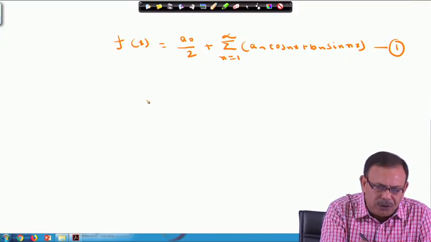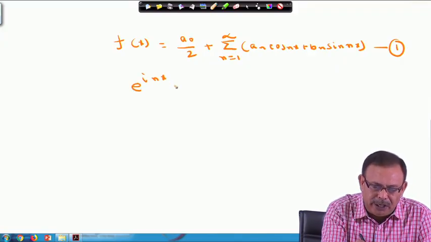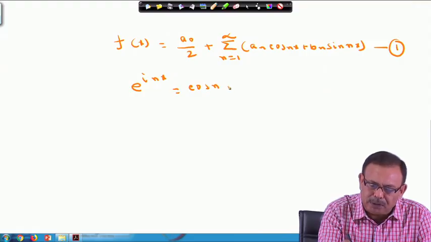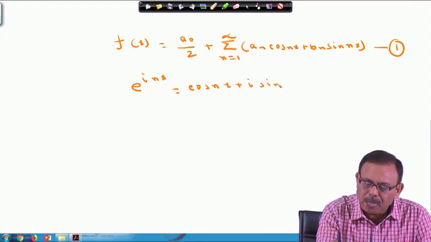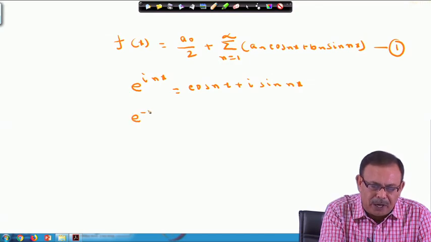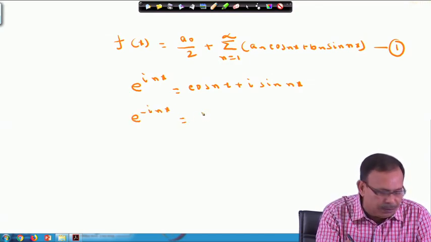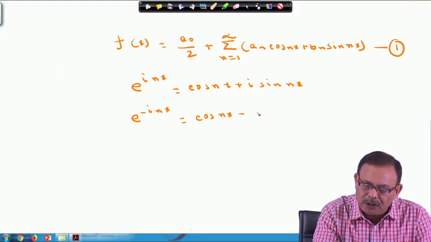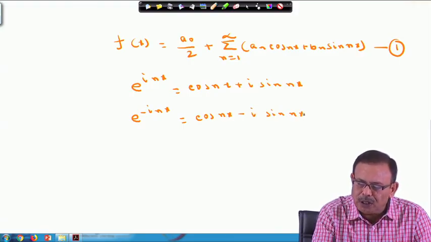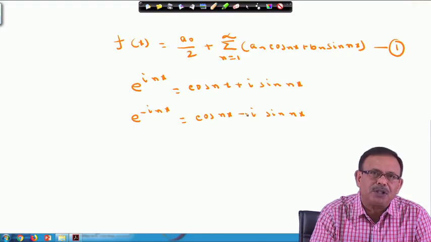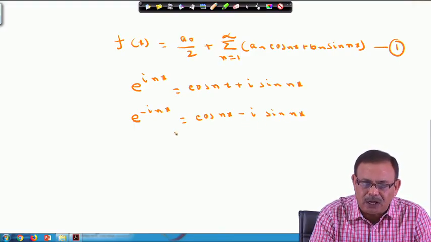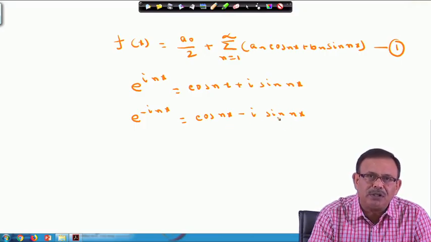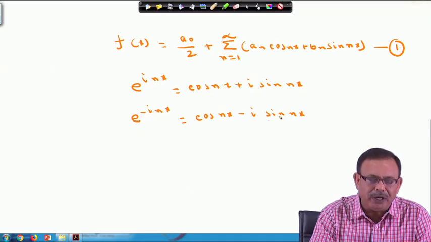Now, we know these two things: e^(inx) equals cos nx plus i sin nx, and e^(-inx) equals cos nx minus i sin nx. So from these two equations I can express the values of cos nx and sin nx in terms of e^(inx) and e^(-inx).